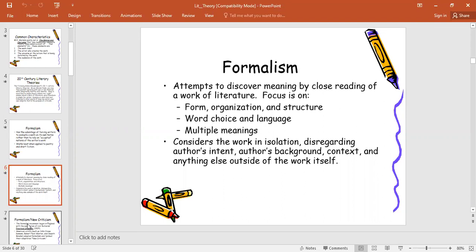Word choice and language, multiple meanings. Now, being students of literature, you know very well that we have so many figures of speech. Through figures of speech, we may infer the meaning of the words.